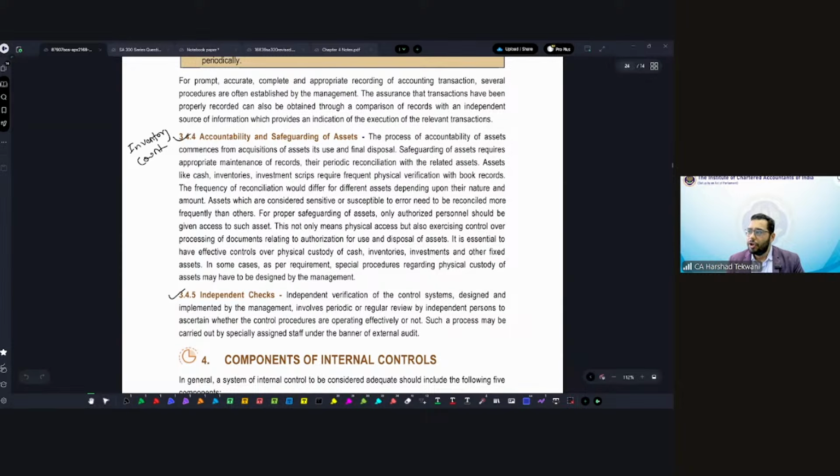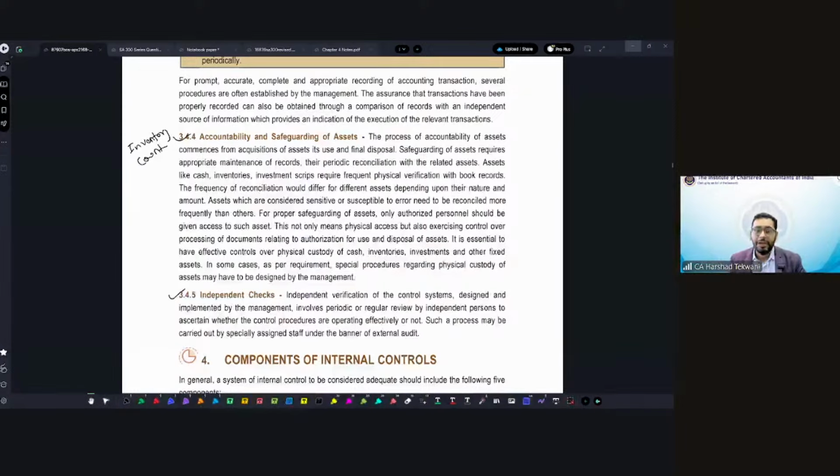See, why is it important to understand the components of internal control? It's a very, very important part. When I talk about components of internal control, we are talking about understanding internal control, because an internal control system is not just one control that is done and the matter is over.